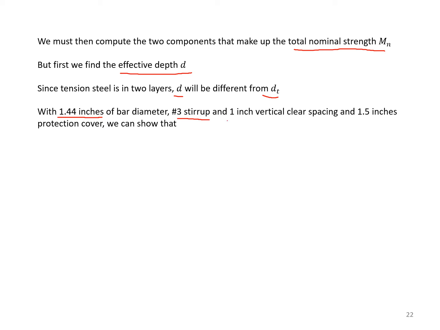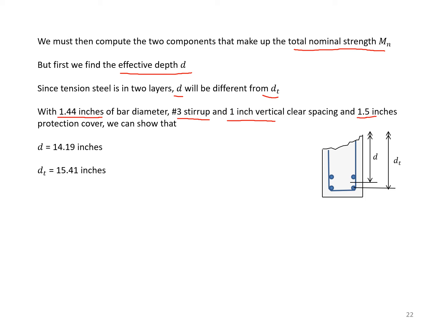We need to have at least 1 inch vertical clearance between the two layers, and then we have 1.5 inches of protection cover. Then we can compute d, and that would be equal to 14.19, which is measured, as you can see in this figure, to the center of the tension steel. dt is a little bit larger because it is measured to the center of the first layer of steel from the bottom. That shows the difference between the two.